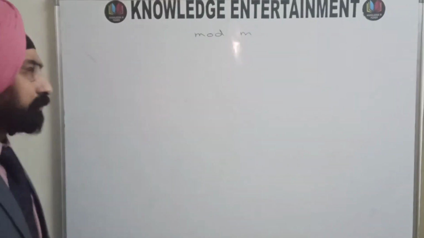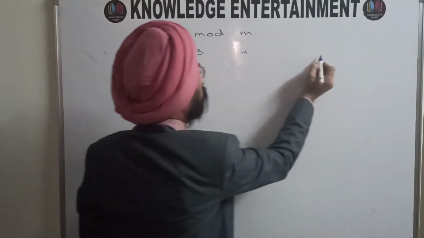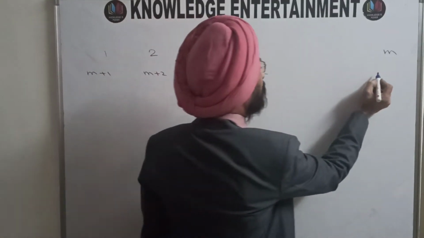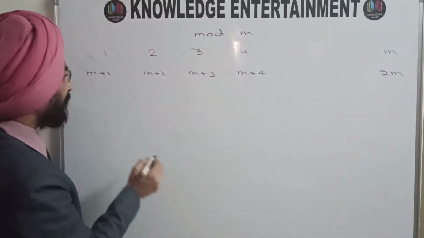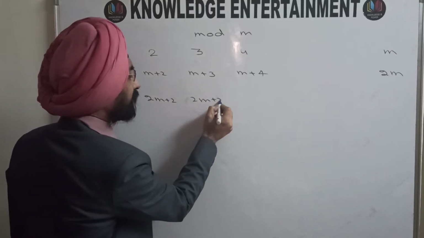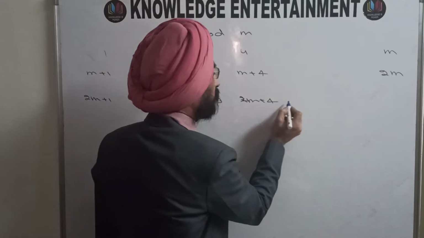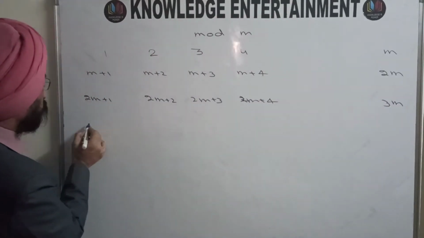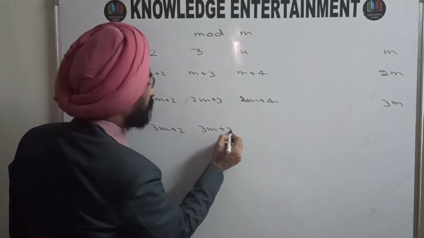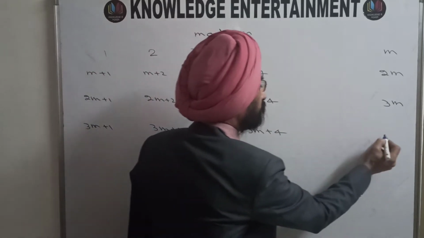So you start writing the numbers starting from 1, 2, 3, 4, move on to M, and then restart with M plus 1, M plus 2, M plus 3, M plus 4, here you will get 2M, and once again 2M plus 1, 2M plus 2, 2M plus 3, 2M plus 4, and so on up to 3M, and so on. 3M plus 1, 3M plus 2, 3M plus 3, 3M plus 4, 4M.